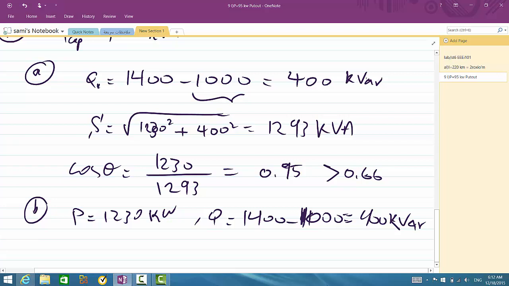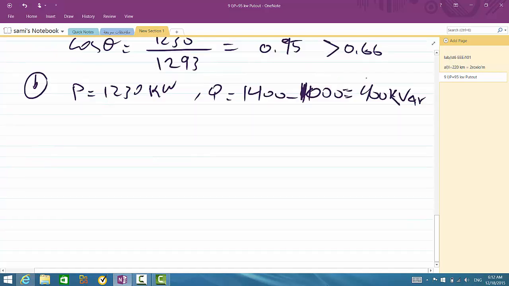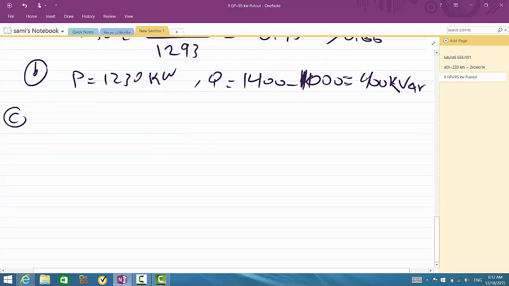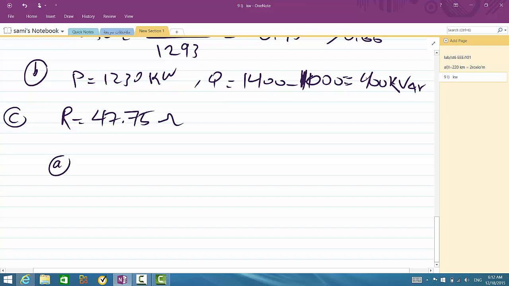For part C, the conductor of the primary feeder has a resistance of 47.75 ohms per phase. Determine the power losses in the primary feeder before installing the capacitor bank and after installing the capacitor bank. So A: IL will equal P over square root of 3 times V line times cosine theta.